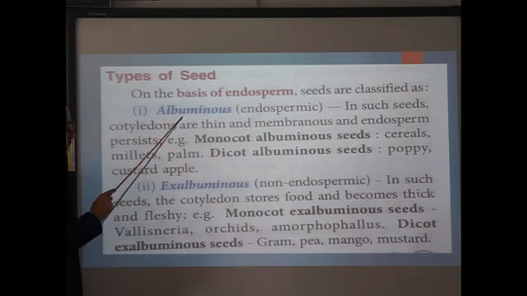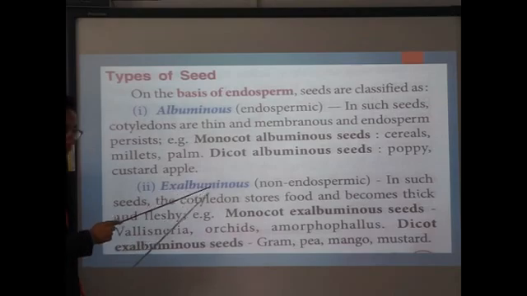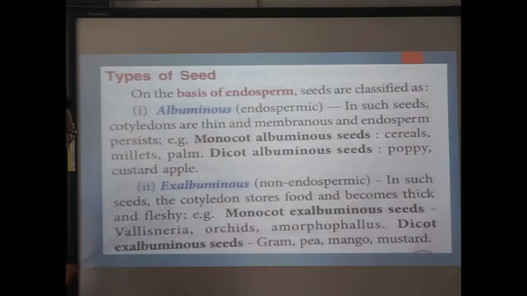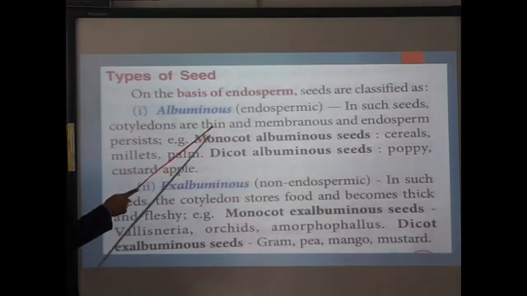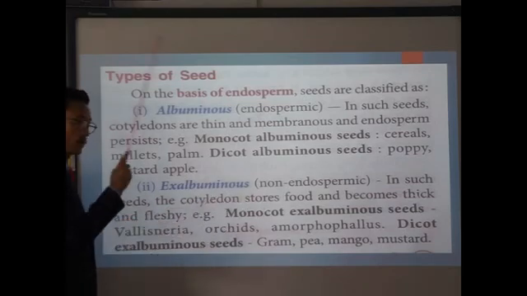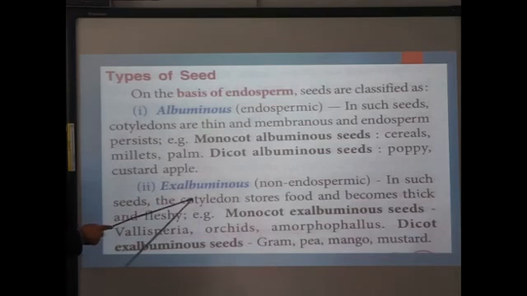In albuminous seeds the cotyledons are thin, but in ex-albuminous seeds the cotyledons are thick and fleshy and store the food. Examples of ex-albuminous monocot seeds are orchid and amaryllis; dicot seeds are gram, pea, mango, and so on.